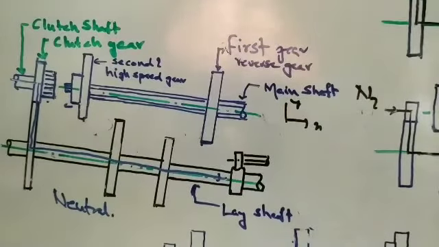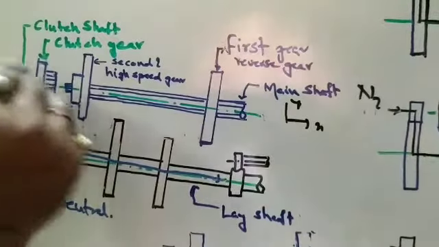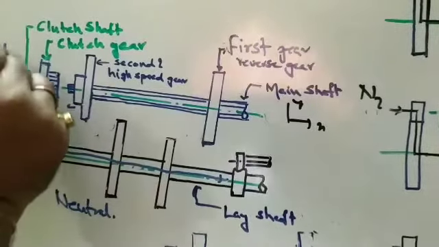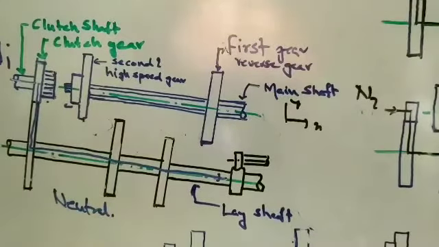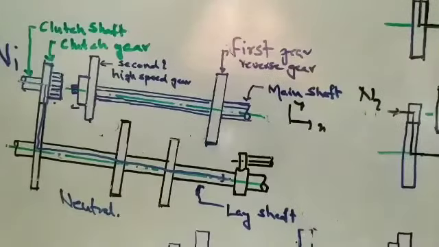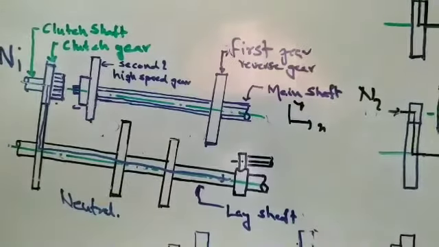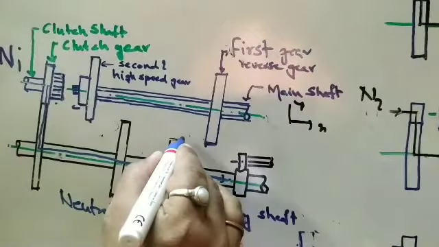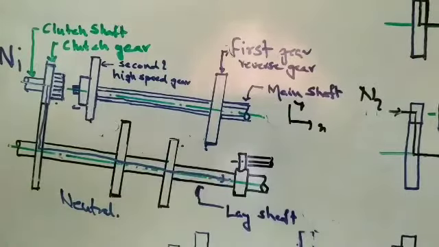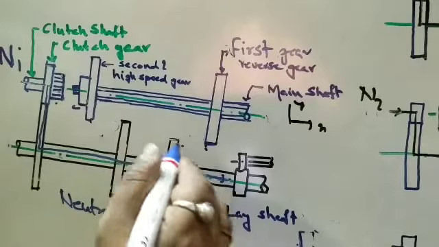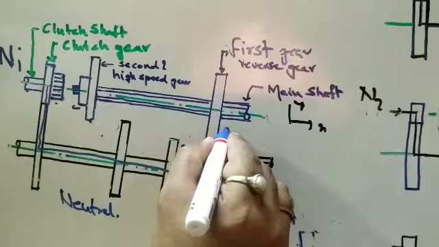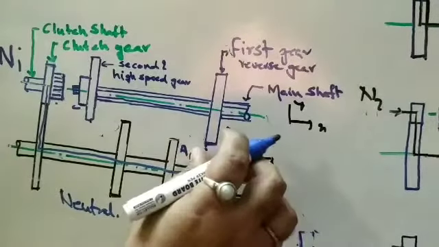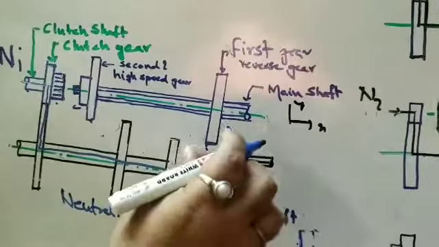Now the first condition, that is the first gear: how do we get it? Suppose the speed coming in over here, the input speed, is Ni. When we engage this gear with this one, for example, we take it as A1 and this as A2.